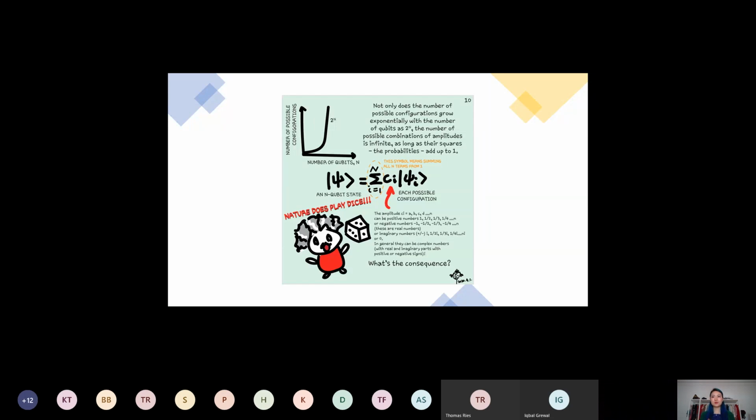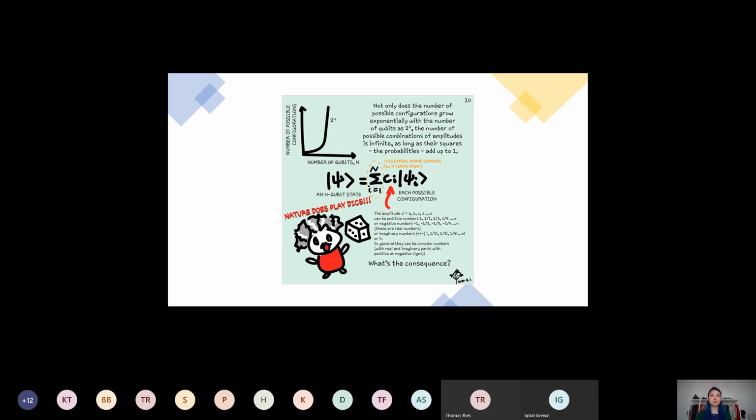And these are 2 real number examples. But they could be imaginary numbers too. You just add an i in front, so it makes it imaginary. So in general, the amplitude here can be really any number.